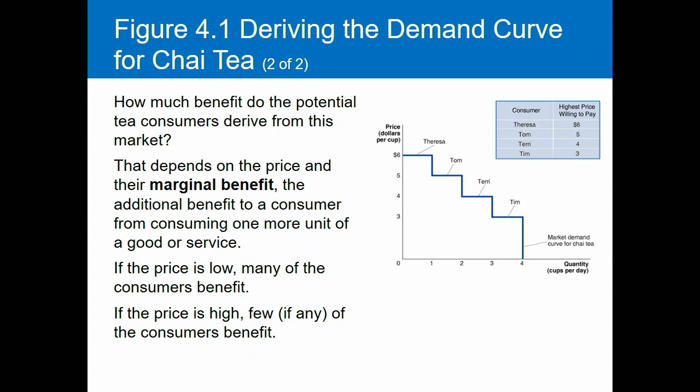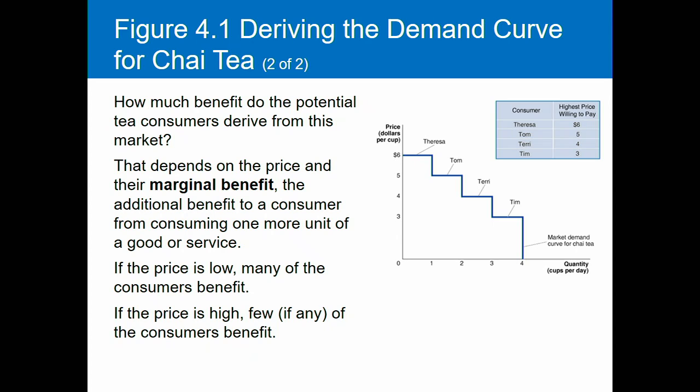So how much is the benefit that these potential consumers, people that might be purchasing tea, get from this market? We have their marginal benefit, how much they're going to be made better off by purchasing and consuming this tea. What we also need is the price. And if we compare the marginal benefit to the price, we can see who's going to purchase, how many total in the market are going to be purchased, and we can measure how much better off these consumers are making themselves.